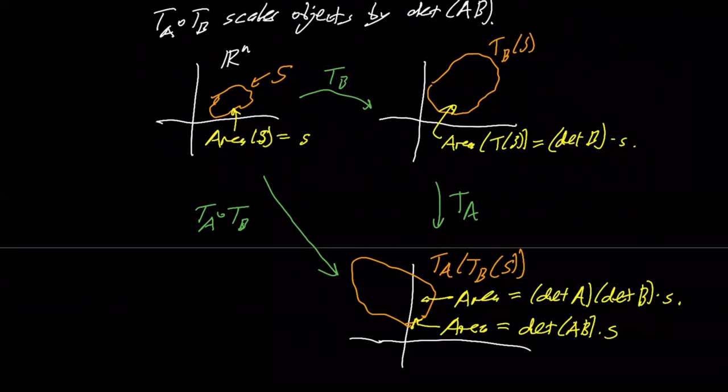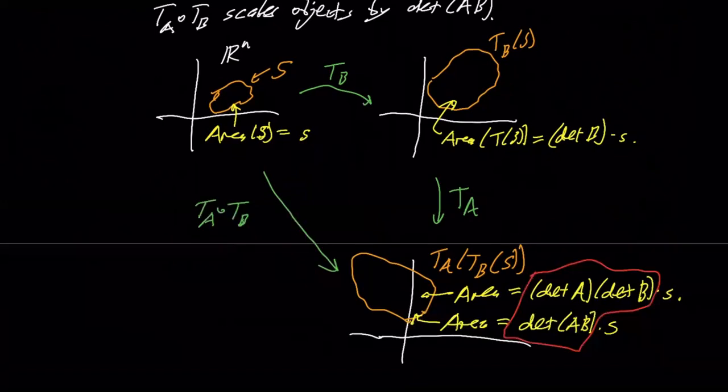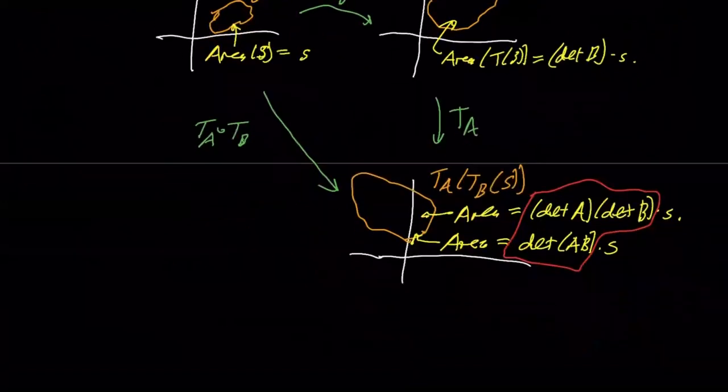And so what we've just shown is these are the same scaling factor. Therefore, the determinant of AB equals the determinant of A times the determinant of B.